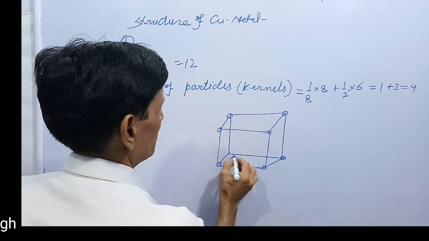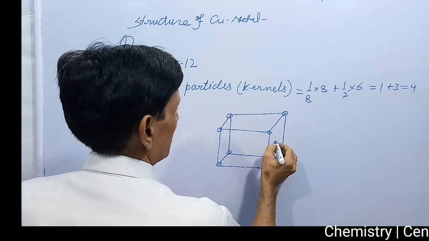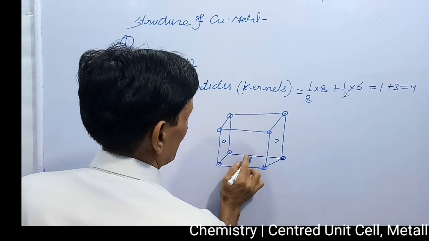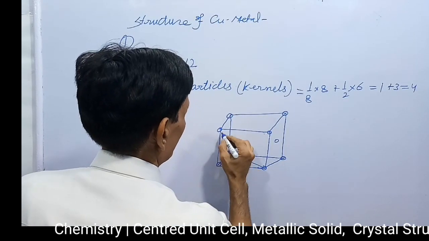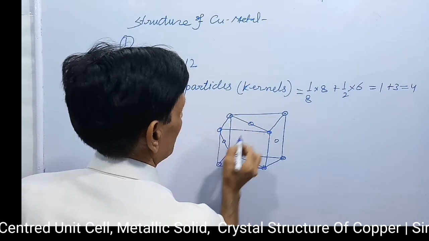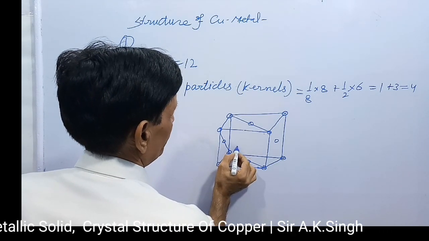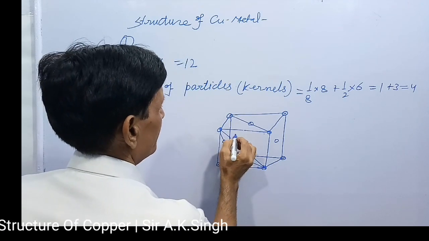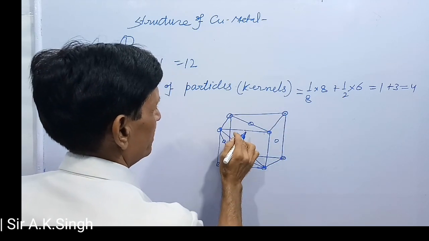First you fill up the corner positions, and then they are present at the face centers also, like here at the face center, like this. You can make it yourself also. Here also at the face center, and one particle is present for this face also, and for this face one is there.